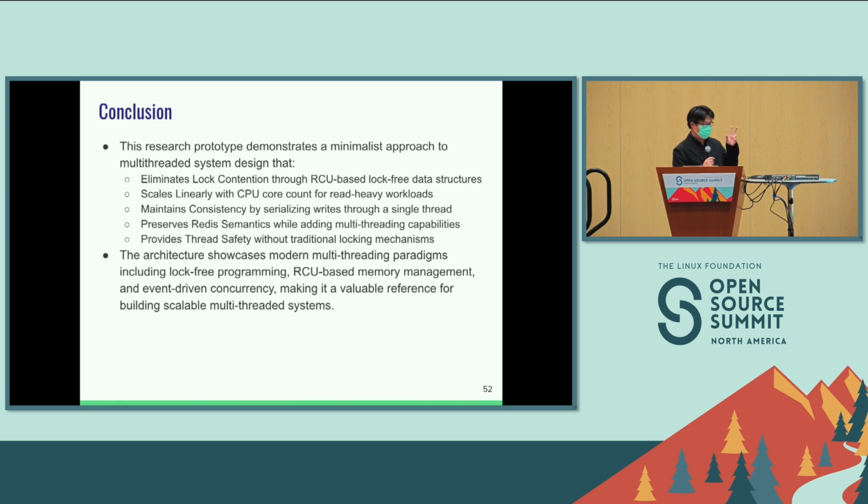Then we can use RCU along with our own lock-free data structure to make the key value store work in a multi-threaded environment. And still, we ensure thread safety and memory safety without heavy code change.